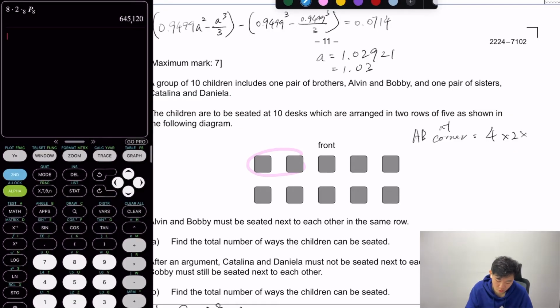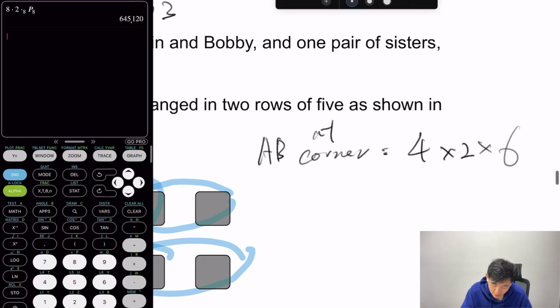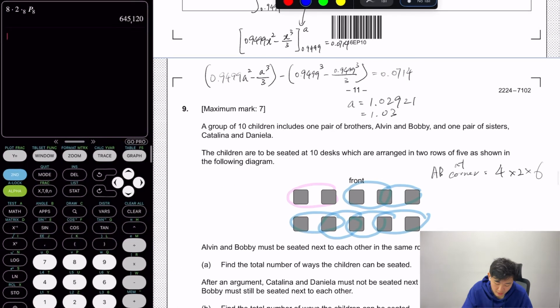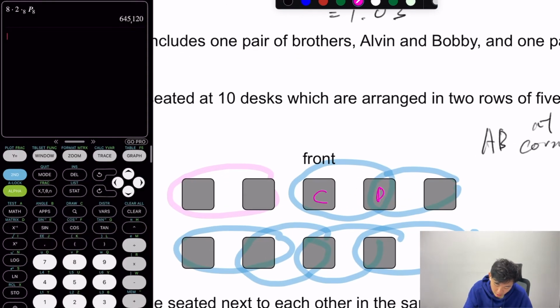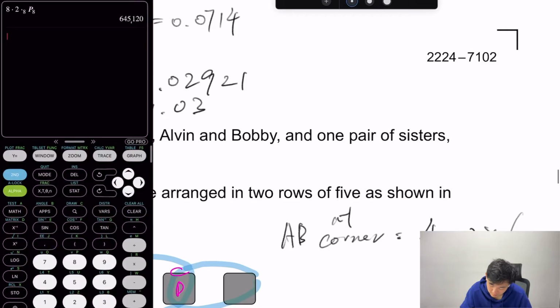We can just circle it: 1, 2, 3, 4, 5, 6, which is times 6. But within these 6 pairs, each of them can swap position. For example, it could be CD or DC, right? For each of these 6 pairs, you're going to further times 2.